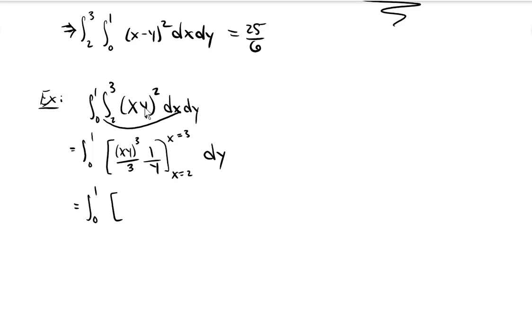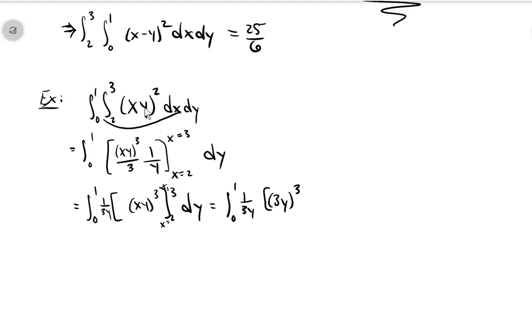So let's not take this all the way, but let's see what happens here. It looks like I could pull out a 1 over 3y, xy cubed from 2 to 3. Let's see what happens from these brackets. At the top bound, keep in mind, these are x values we're plugging in, x equals 3 gives me 3y cubed. X equals 2 gives me 2y cubed. And that's what we're integrating in y.